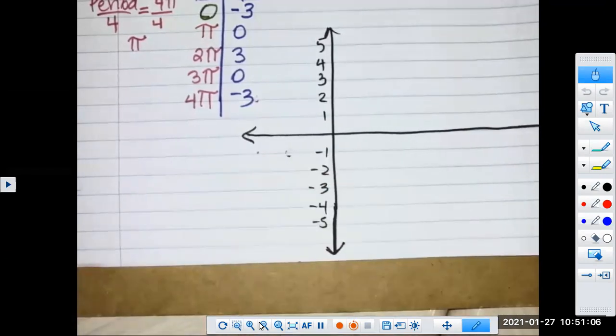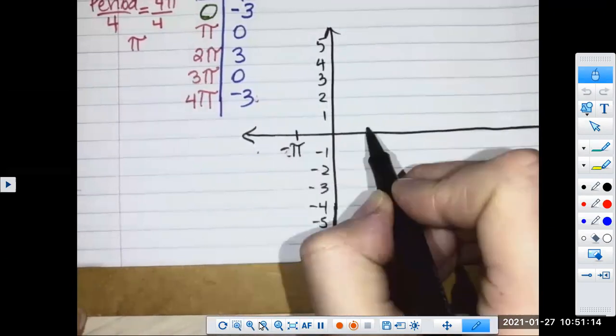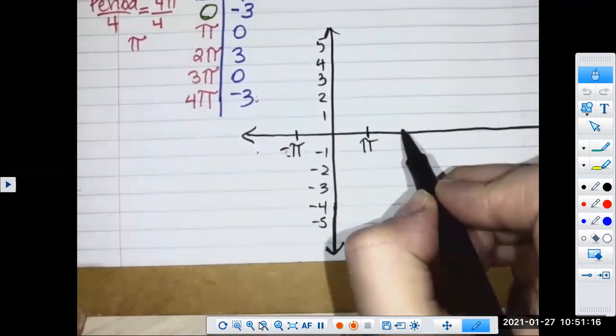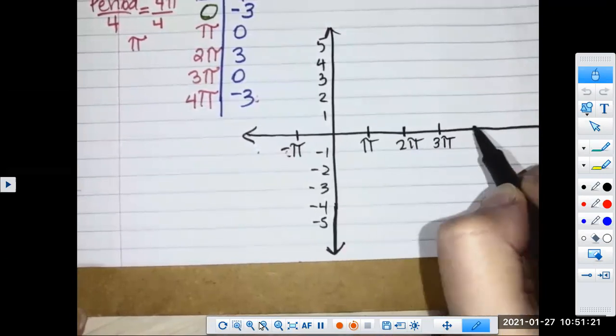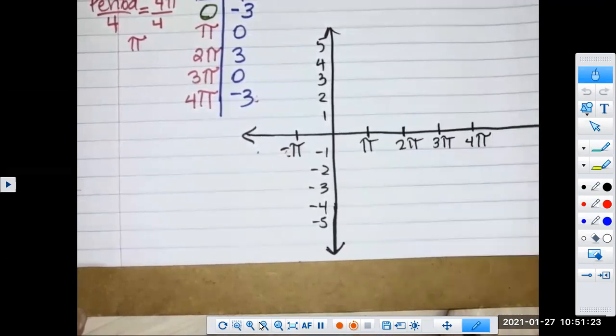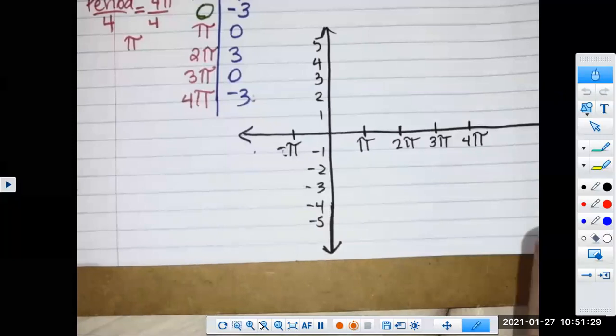And remember, when we're graphing sine and cosine, on the x-axis, go by the increments x is in. So we're going to go by pi. And they wanted me to make sure I graph periods out from negative pi to 5 pi.